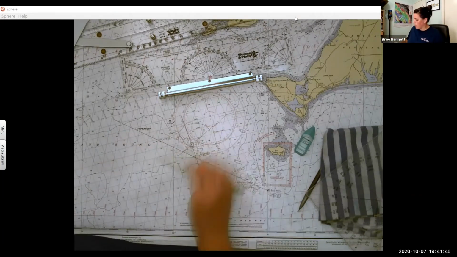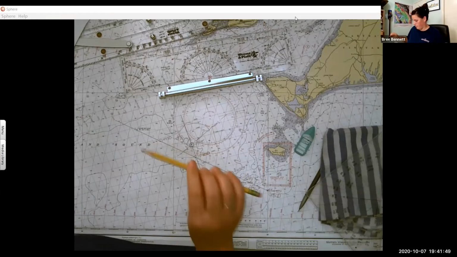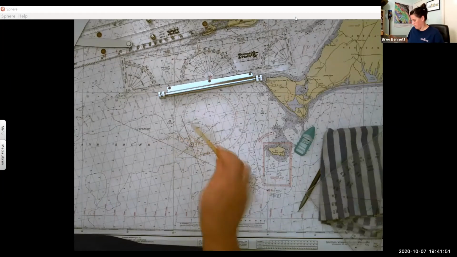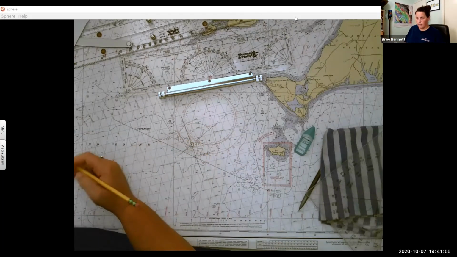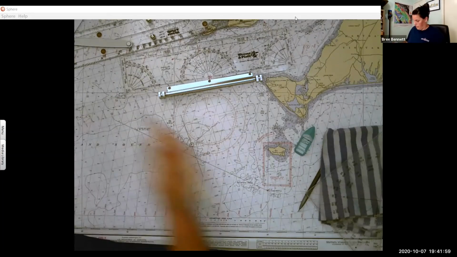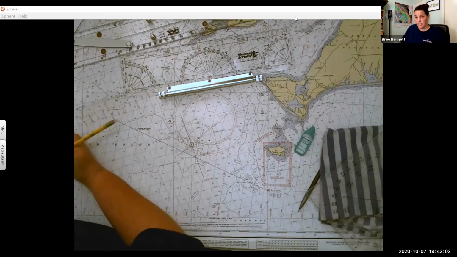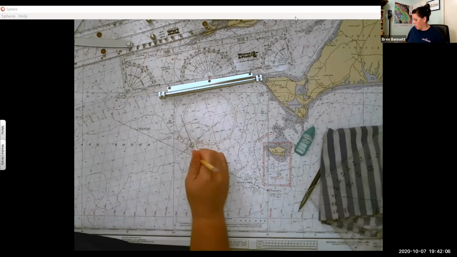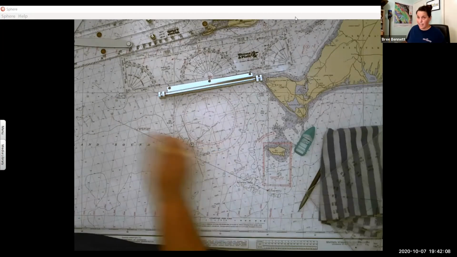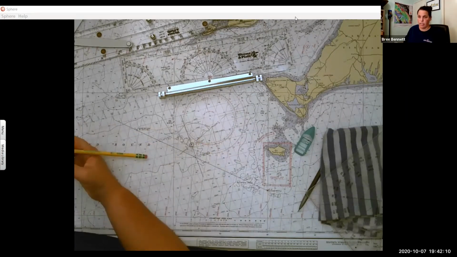So ballpark is we want to be on this line. I think next week, maybe the week after that, we're going to go into estimated positions. So estimated position takes into account your DR position and that track line and 1 LOP. Hopefully that'll make a little more sense for you.